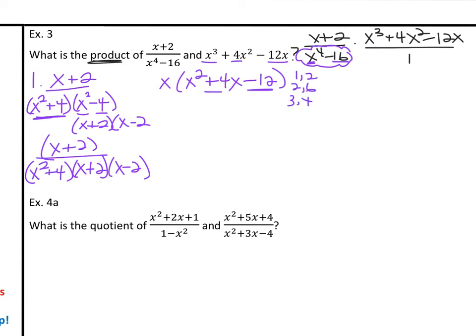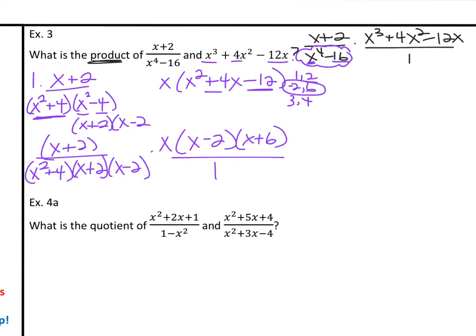Now we need to get positive 4 in the middle, so I think we're going to have to work with the 2 and the 6. If we want positive 4 when we add, but negative 12 when we multiply, the 6 has to stay positive, and I think the 2 is going to become negative. So that would be x minus 2 and x plus 6, all over 1. So that's going to be the hardest part, getting through the factoring phase of these.